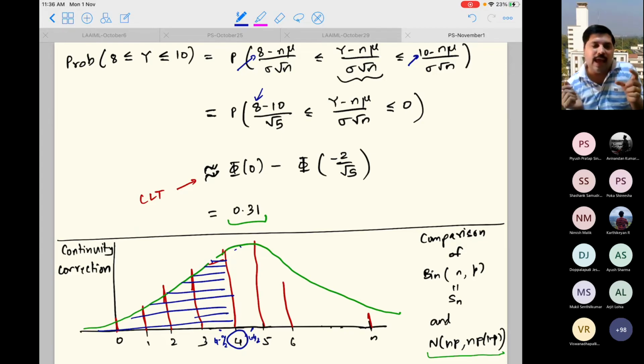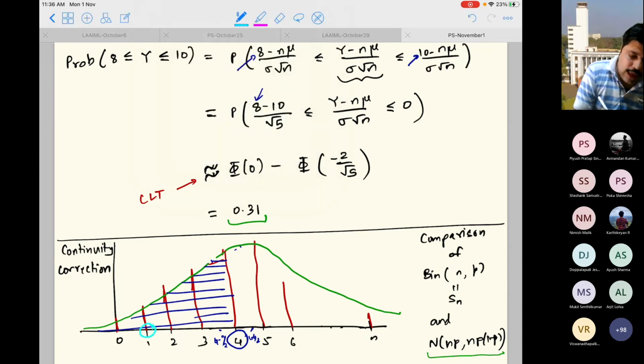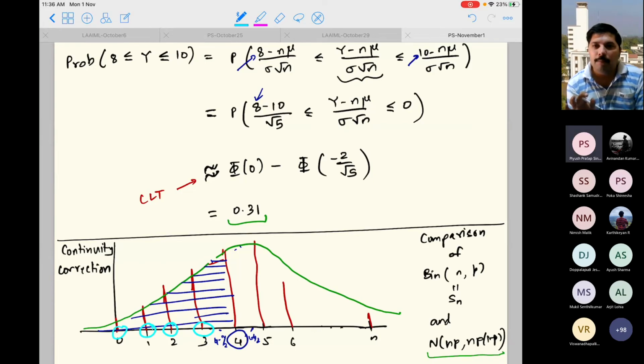As far as the discrete random variable is concerned, the probabilities that I am really giving importance to are these probabilities which I have encircled here. I was interested in having the probability at x equal to 4 also included, but because of the continuous nature of the approximation, I really don't care what happens at 4. So I'm kind of ignoring the probability at 4 by looking at the CDF value at 4.